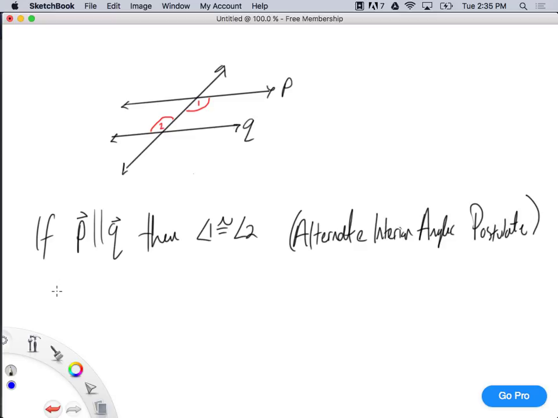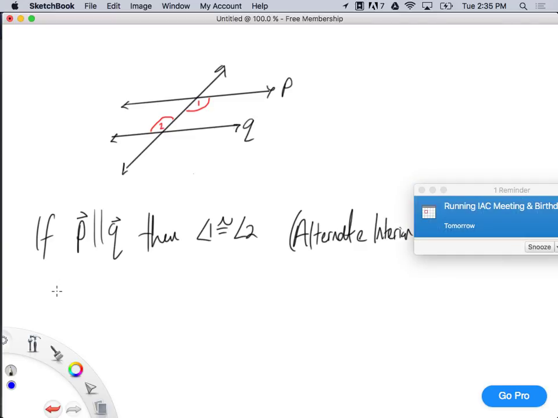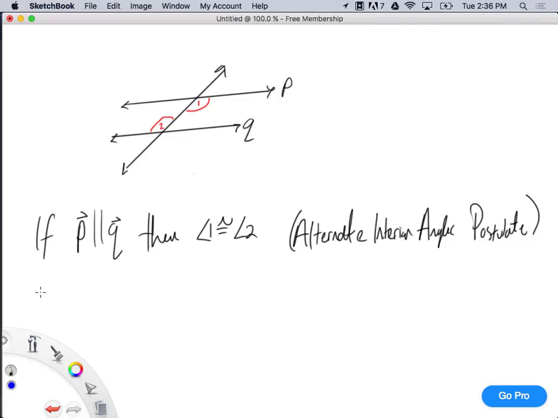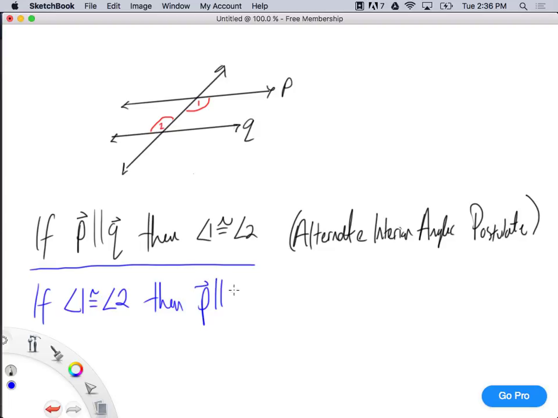What's the converse? What does the converse do? Converse swaps it. If the converse swaps it, what's the converse of this? If angle 1 is congruent, yes, Andrea. Look, I'm proving that these lines are parallel.